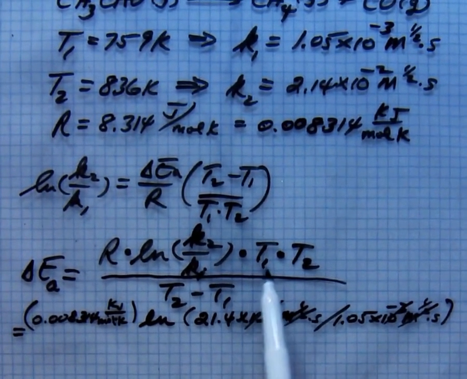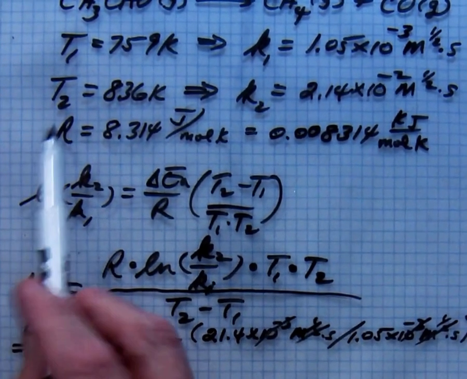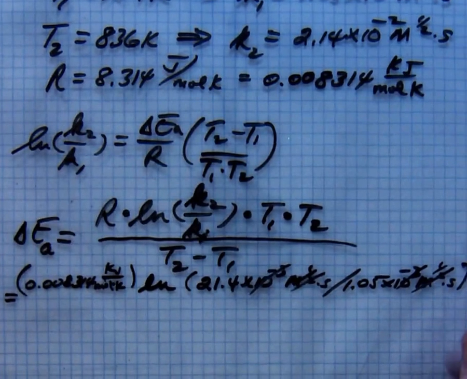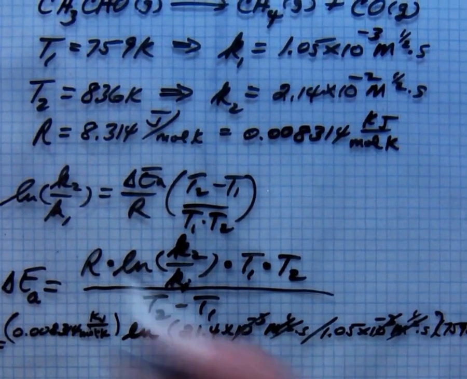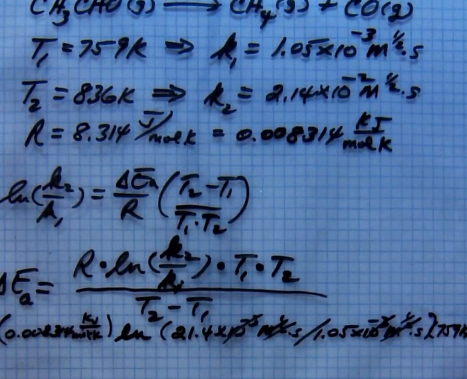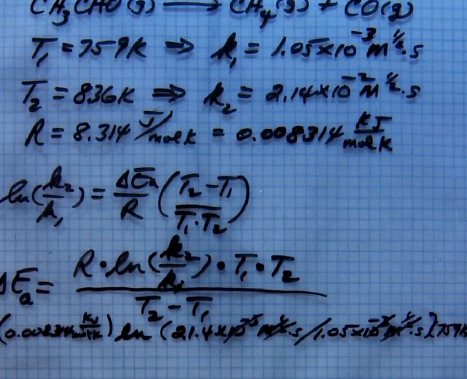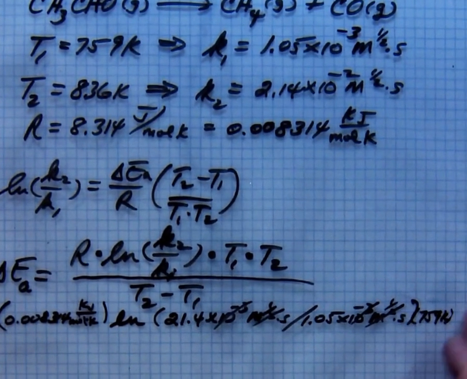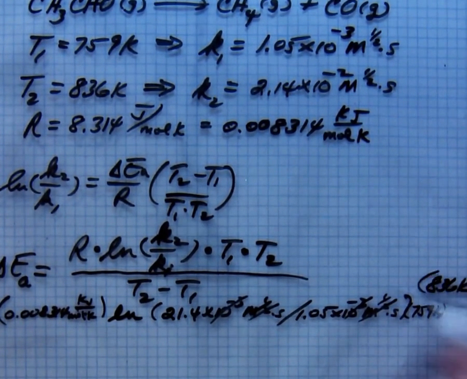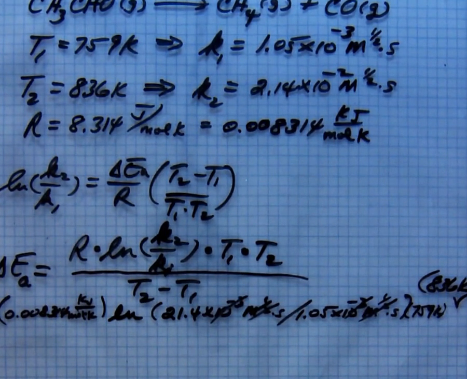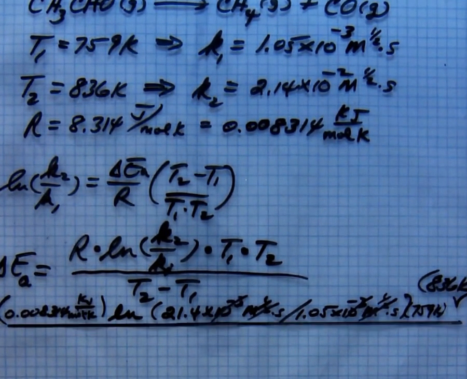Okay, then we need to multiply T1 and T2 to this. T1, 759 Kelvin times 836 Kelvin. Right there, 759 times 836.